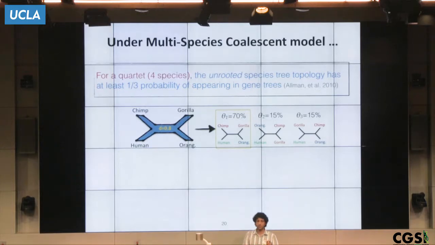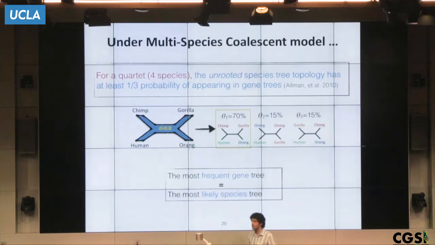So the gene tree that has the highest probability matches the species tree. If you know this, then your maximum likelihood estimate of the species tree is just the most frequent gene tree. That's very simple to estimate. For your 4 species, you just get a bunch of gene trees, and you see which one happens more often. That's your estimate of the species tree.